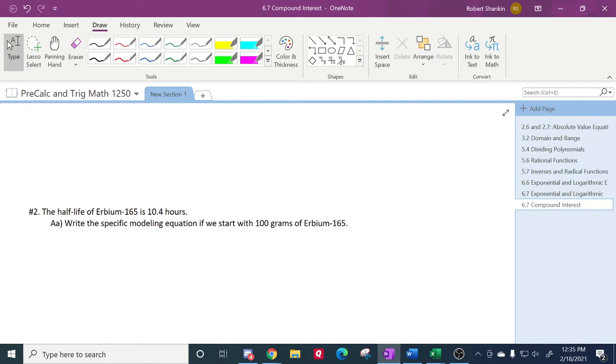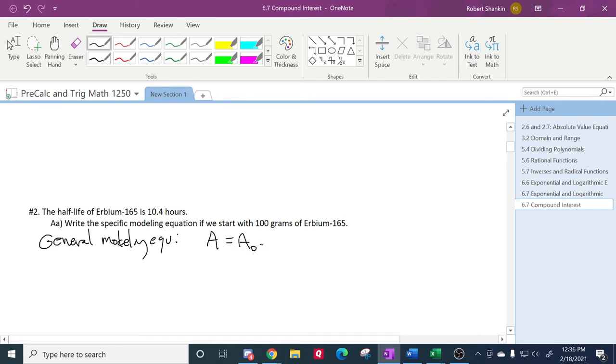Thirty seconds more. Alright, the general modeling equation for anything that has exponential growth or decay is the amount equals the original amount, a sub 0, e to the kt.